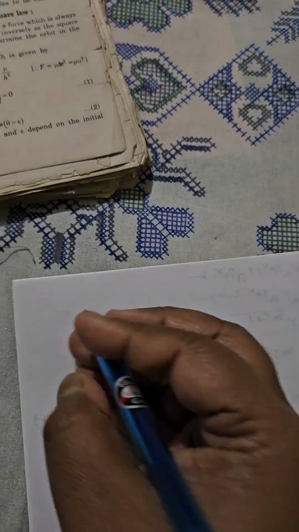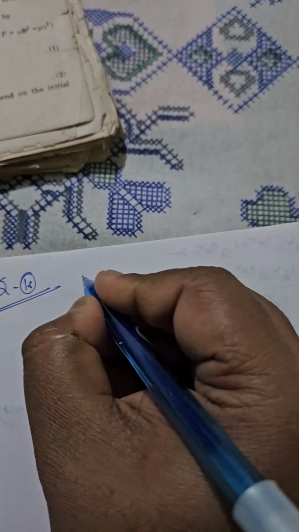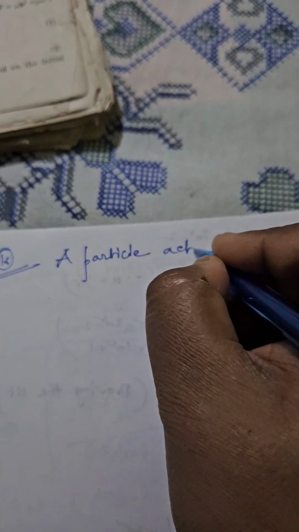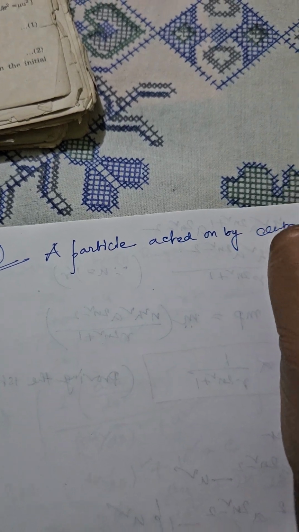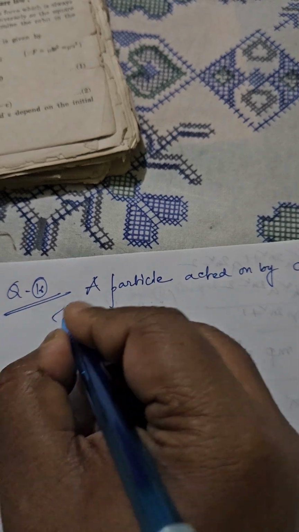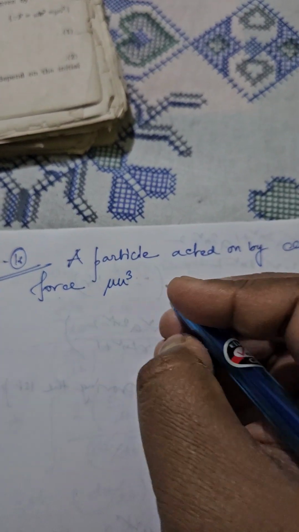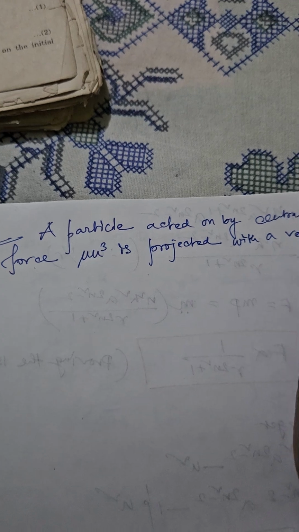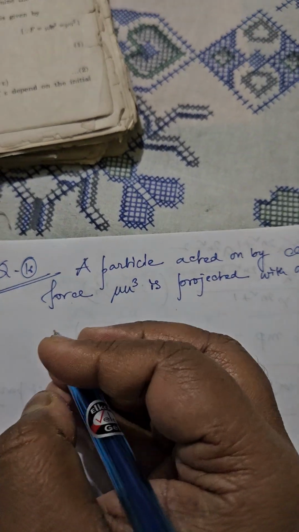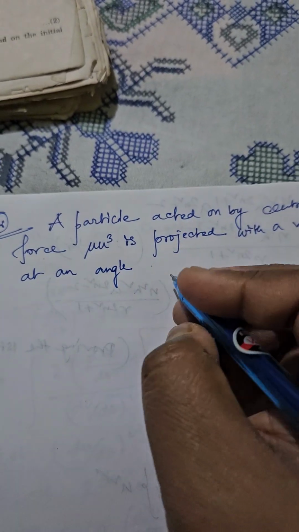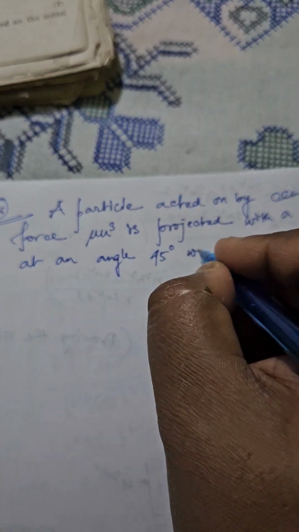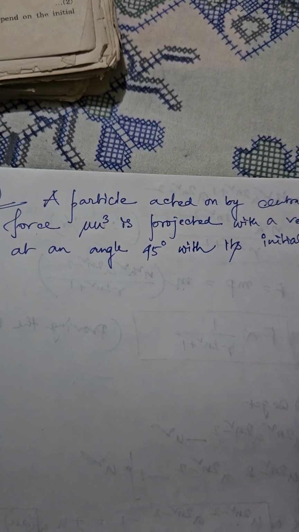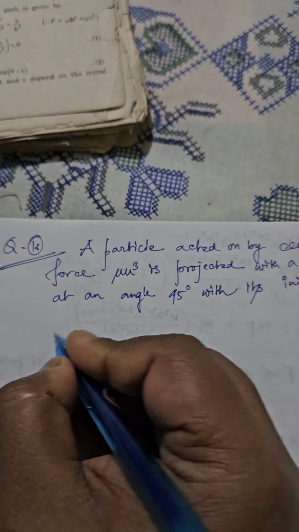So here I am writing question number 16. A particle acted on by central attractive force mu u cube is projected with a velocity root over mu by a at an angle 45 degree with its initial distance a from the center of force.